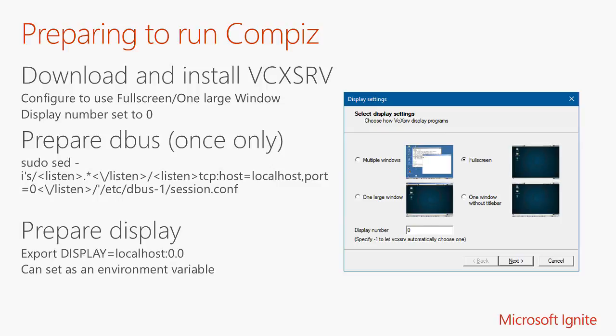Now, there's a couple of bits and pieces that you need to do. You need to prepare debug. So this is a bit of a hack where you run this command, sudo sed, and then you pipe this through here. Again, this will be in the slides that you'll be able to download. And then you prepare your display. You say export DISPLAY=localhost:0.0, and you could set that as an environment variable so that happens all the time.